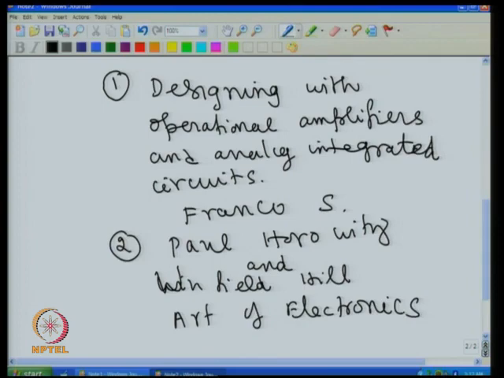So these two books are good for you for reference. The first book, the Franco, gives you a lot of information about error budgeting, and The Art of Electronics gives you a lot of information about circuit design techniques. So this is about this course.